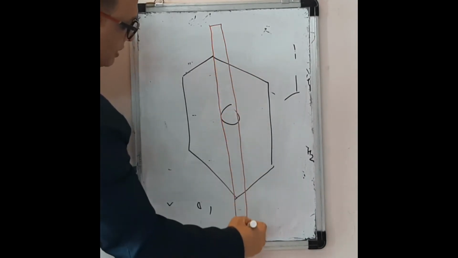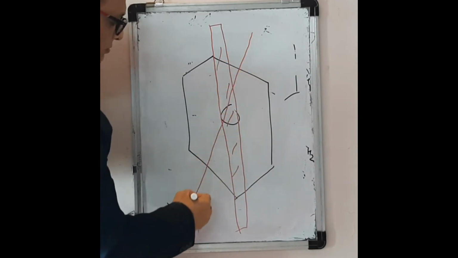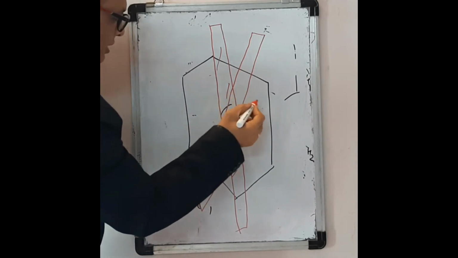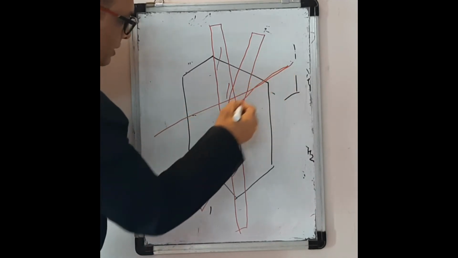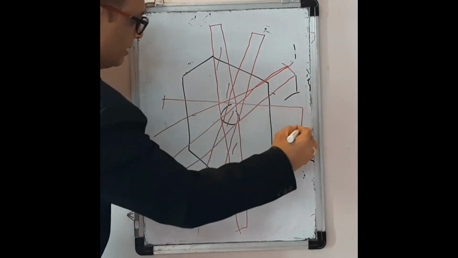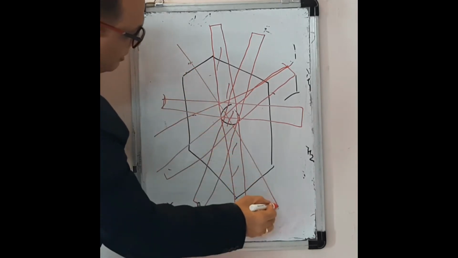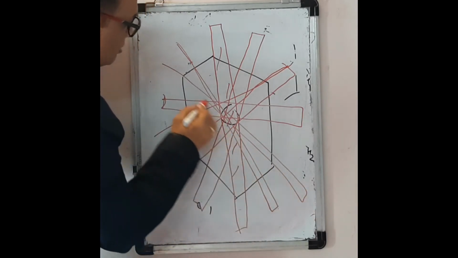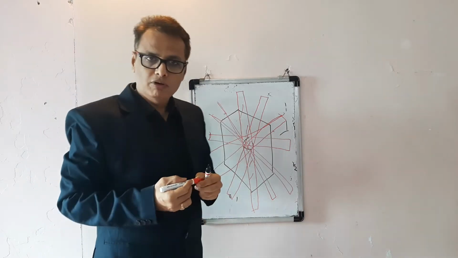A mirror plane which contains principal axis is called vertical plane of symmetry. This is second vertical plane. This is third vertical plane. This is fourth vertical plane. This is fifth vertical plane. And this is sixth vertical plane. So there are six vertical planes in benzene molecule.